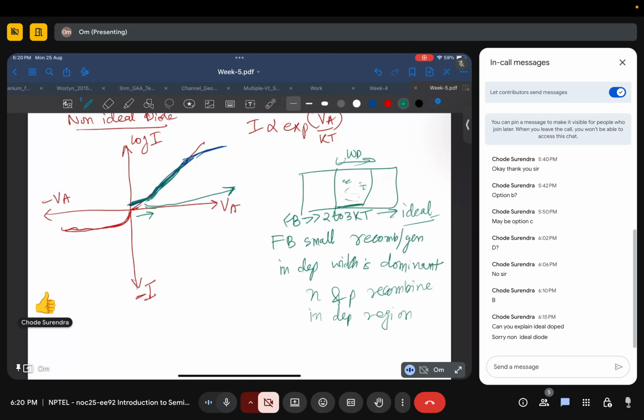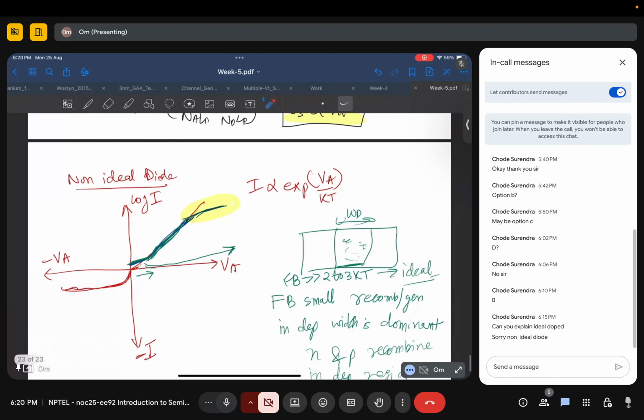And in this region, why does the current start to saturate? This is due to high level injection. So what happens is, in your diode, we assume there is very little resistance in these regions, right?